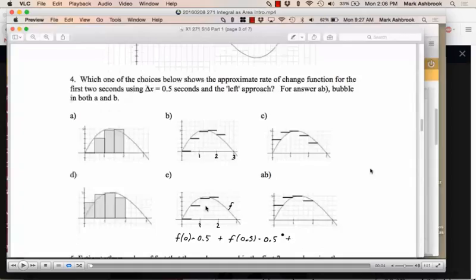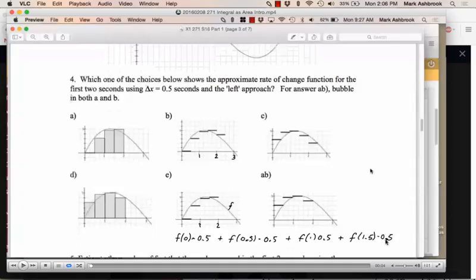And then the third rate of change would be f of 1 times the change in time, 0.5. And finally, the fourth rate of change was f of 1.5 times 0.5.